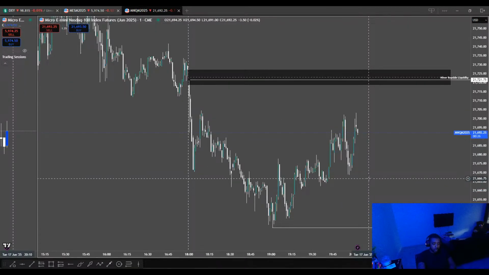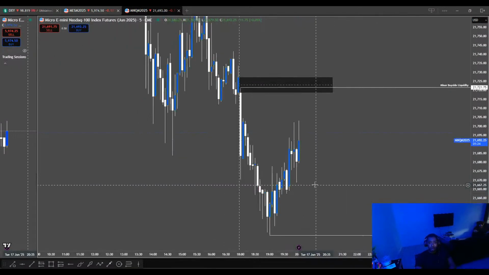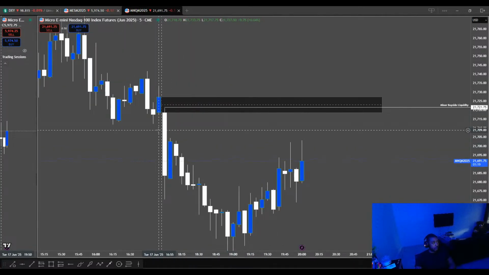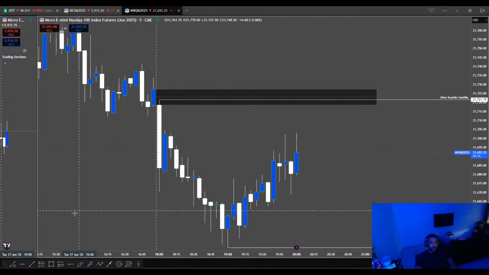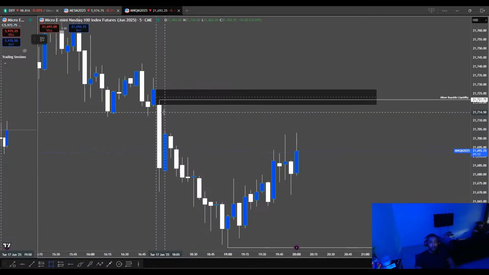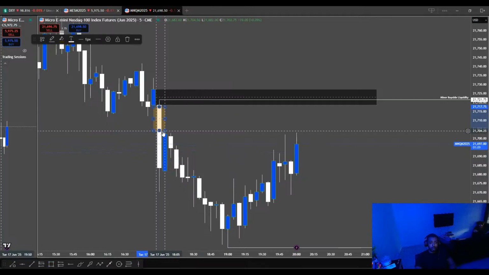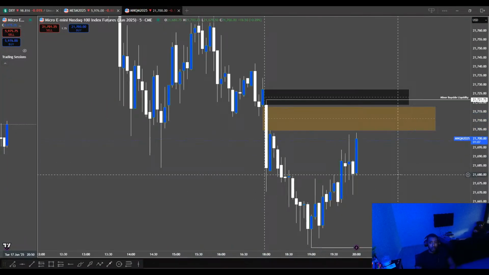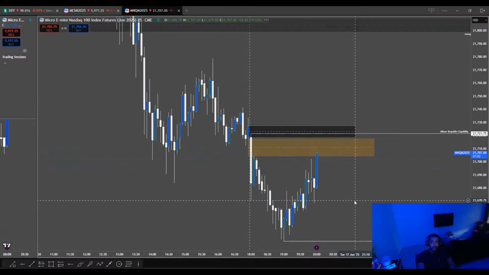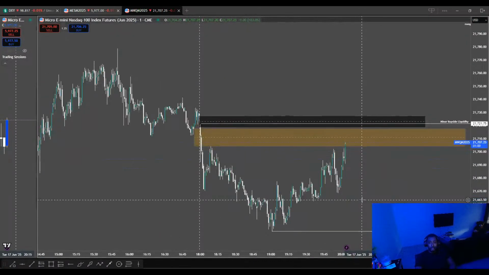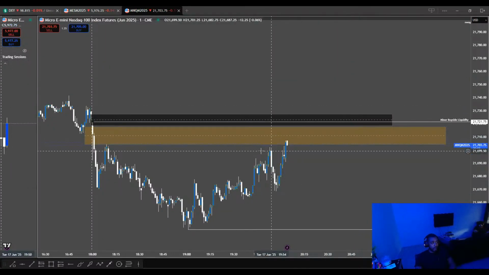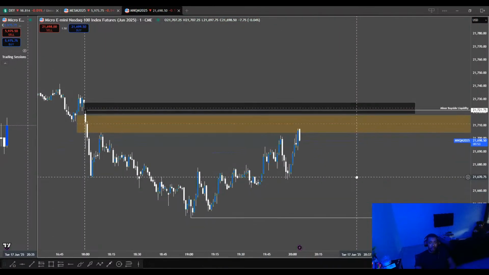So it looks like price wants to continue to go a little higher. We're on a 5 minute. Let's see if this can be used as an inverse, and then see if we could break above and use this 5 minute gap as an inverse.